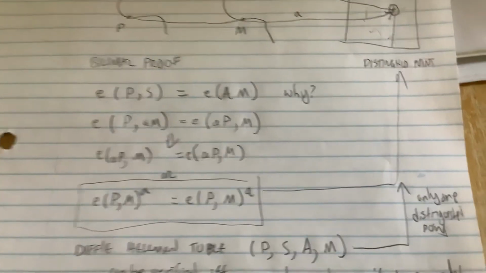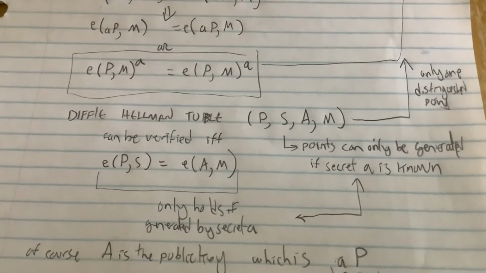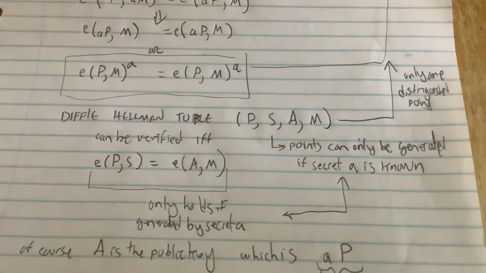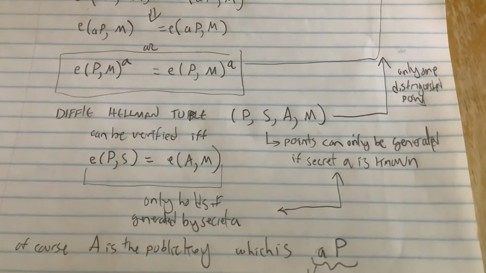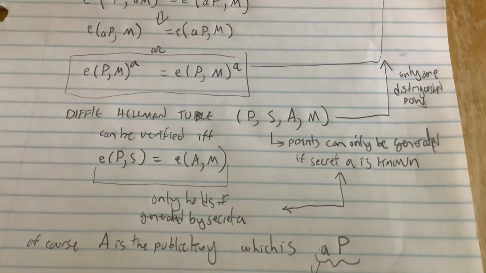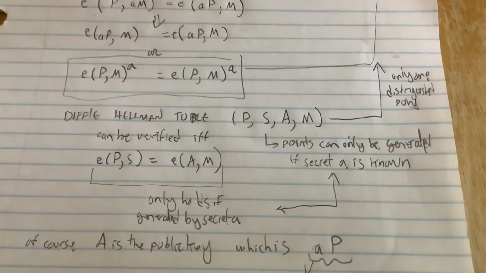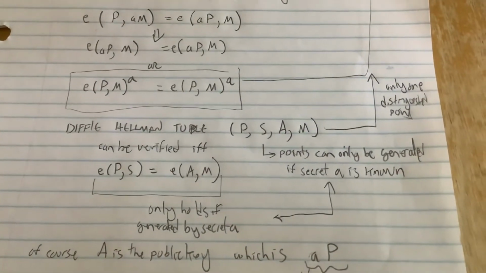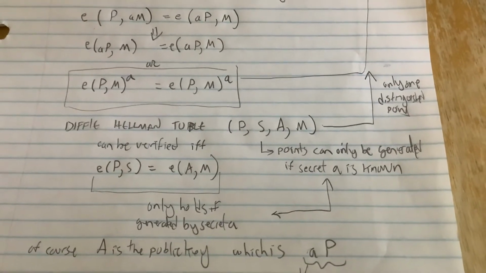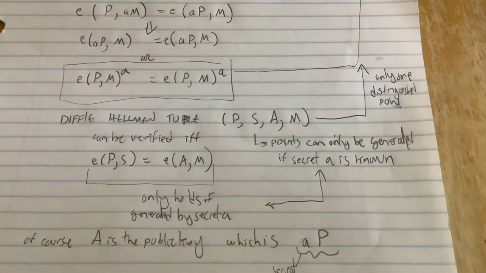What that boils down to is that you have a proof, what's called a Diffie-Hellman tuple, of 4 public values. P, which is the generator value. You have the signature, you have the public key, which is A in the case that I have here, and then M, which is a hash of what's to be signed and mapped to a point.